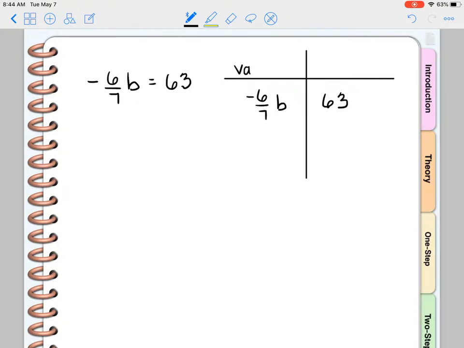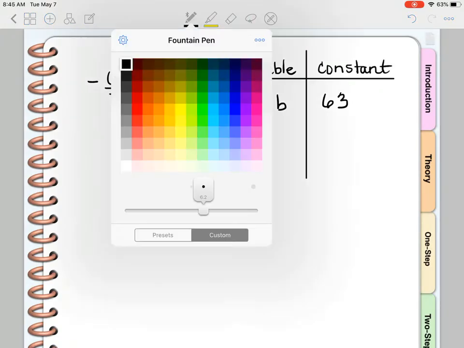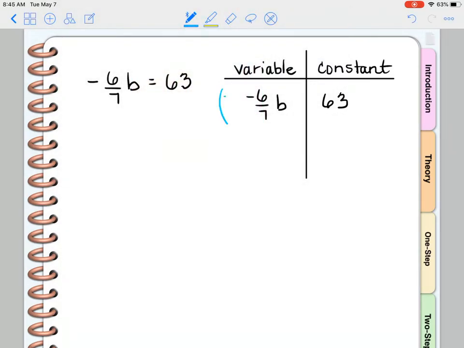So this is your variable side, and this is your constant side. And we need to get rid of that fraction. So I'm going to do the reciprocal in parentheses. And I'm using parentheses because I'm multiplying here.